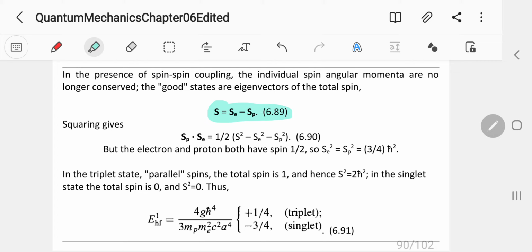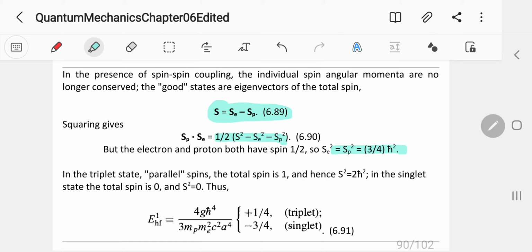And so if you square that, it gives you the dot product of S_P and S_E, which is equal to that. But then again, you have two fermions, two spin 1/2 particles, so S_E squared and S_P squared would have to be 3/4 h bar squared.